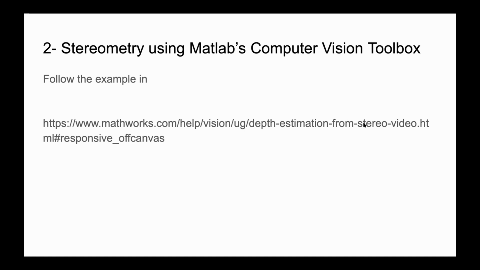Hanapin nyo yung depth estimation from stereo video. Oh, video pa to, di ba? Stereo video. Pwede yan. So maraming tools ang MATLAB na is meant for stereometry. Siya na yung bahalang mag-match. Siya na yung bahalang mag-align. Ayan. At after, automatically hahanapin niya na yung mga corresponding points.